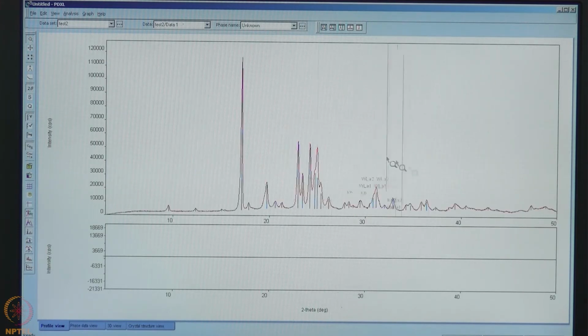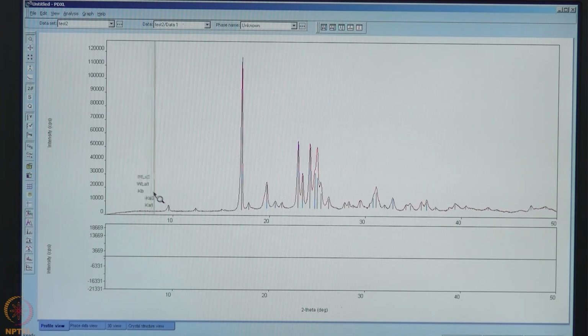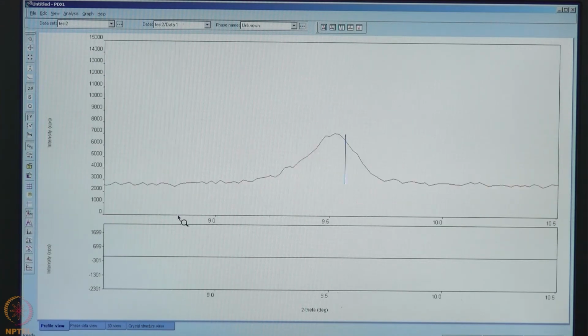If we go to a further high angle, something like 48-49°, you can see that the alpha 1 alpha 2 split is much larger, but for this low angle peak they are extremely close. This is the characteristic feature of powder X-ray diffraction when recorded using two different wavelengths.